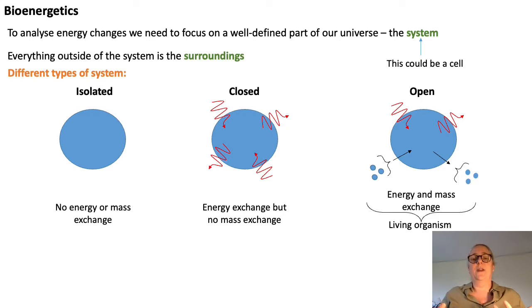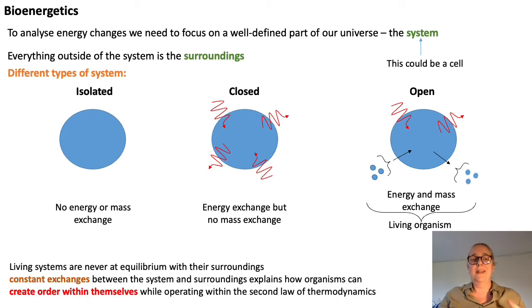This constitutes a living organism. Living organisms are never at equilibrium with the surroundings, so there's always a constant change between the system and the surroundings. That explains how organisms can create order within themselves while operating within the second law of thermodynamics.